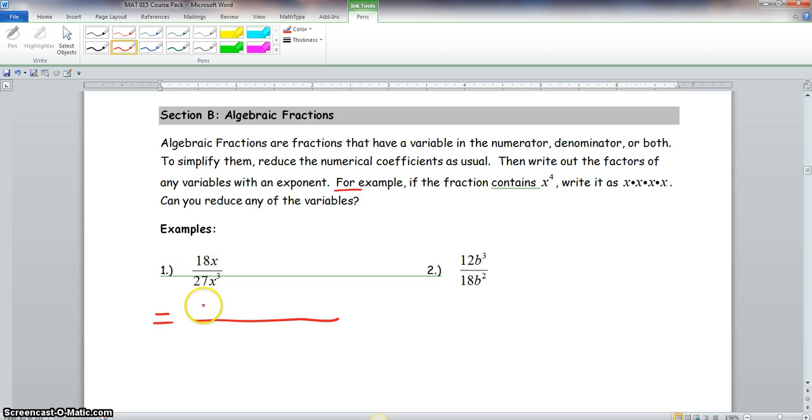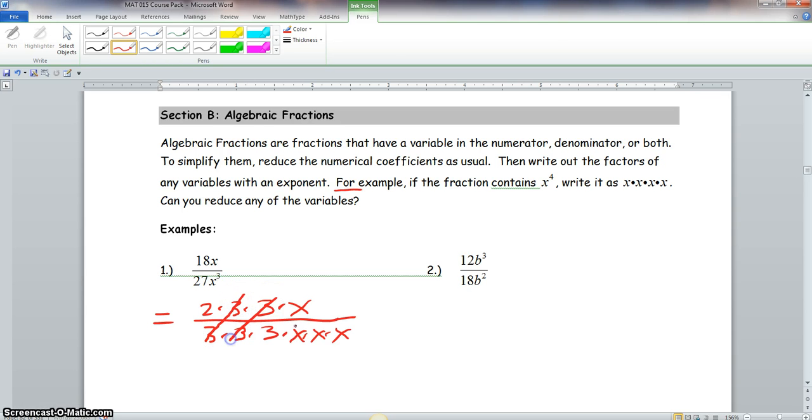18. We know 18 breaks down to 2 times 3 times 3. And 27, we figured out, breaks down to 3 times 3 times 3. Now we write times the x we have here. Since it's only one x, we write the 1x. But here we have 3 x's. So we multiply 3 x's. Now we simplify everything that is the same.